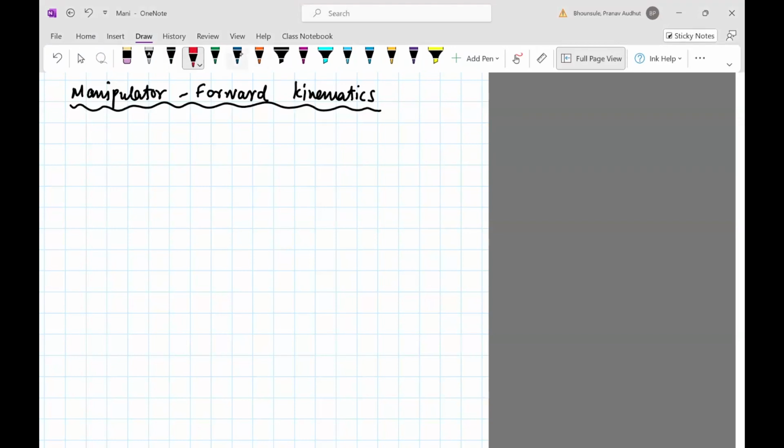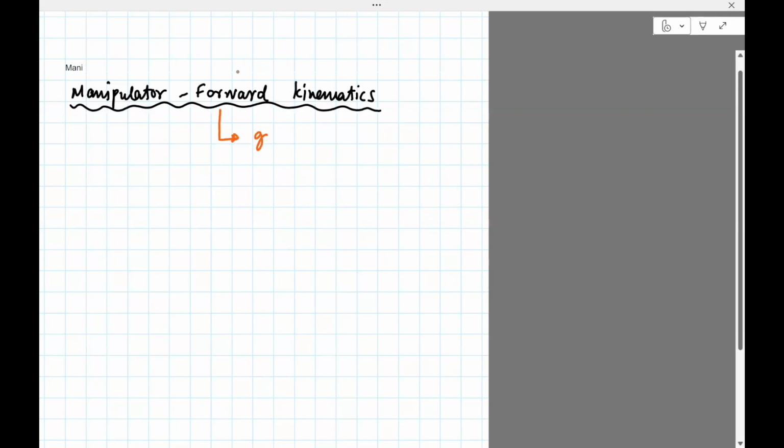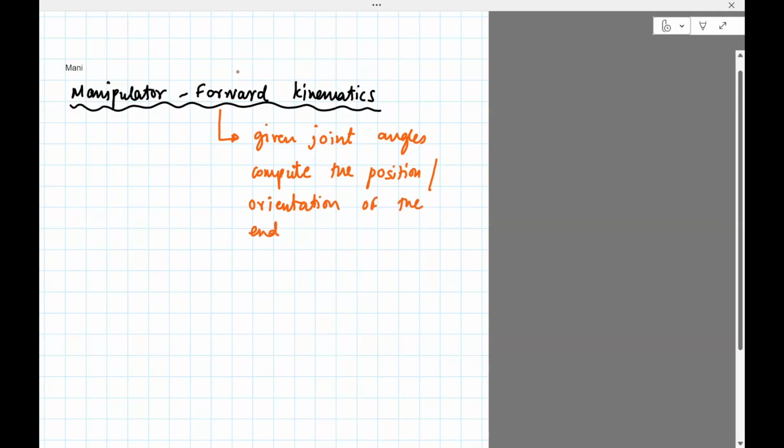So this literally means that, given joint angles, compute the position and orientation of the end effector. Okay, so let me just demystify this.